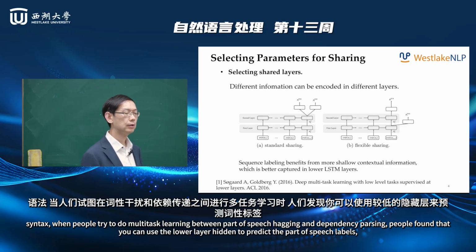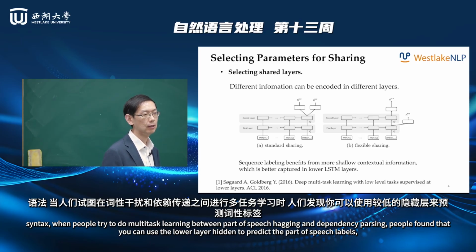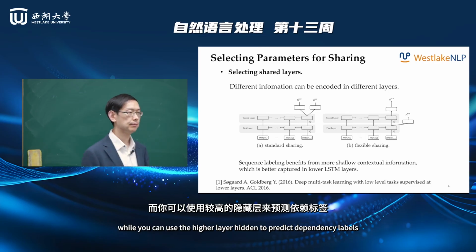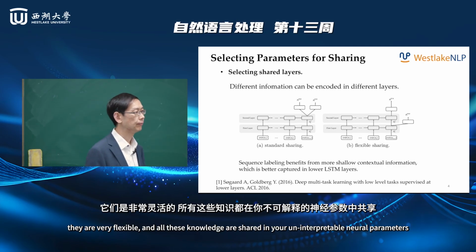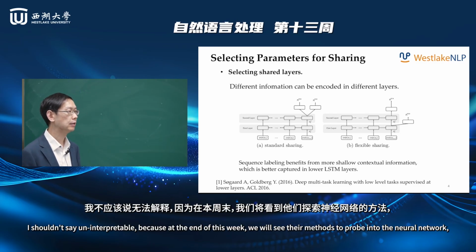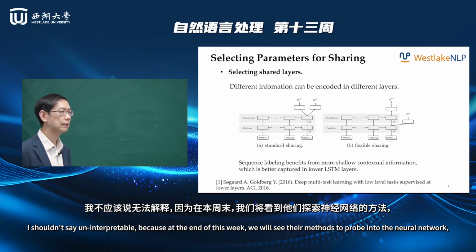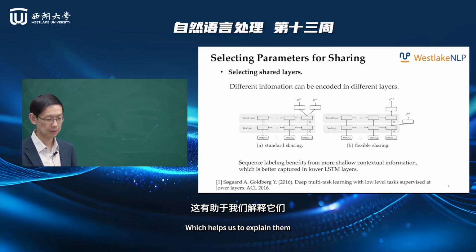So when people try multitask learning between part-of-speech tagging and dependency parsing, you can use the lower layer hidden states to predict the part-of-speech labels, while you use the higher layer hidden states to predict dependency labels. So they're very flexible. And all this knowledge is shared in your uninterpretable neural parameters. I shouldn't say uninterpretable, because at the end of this week we will see there are methods to probe into the neural network, which help us to explain them.